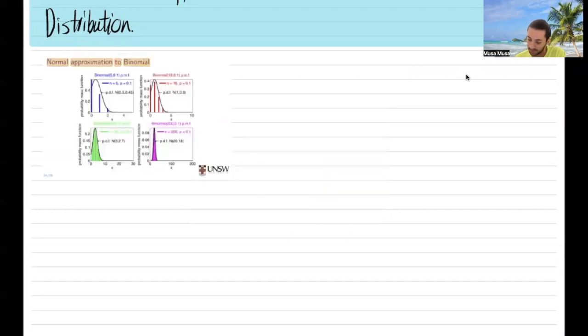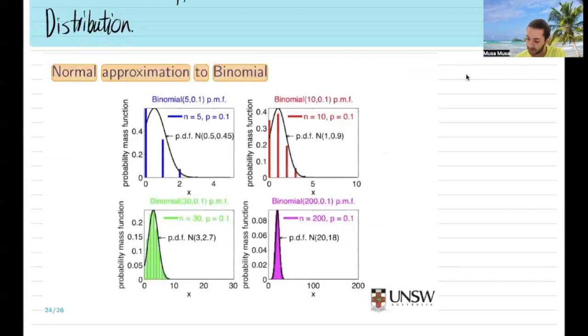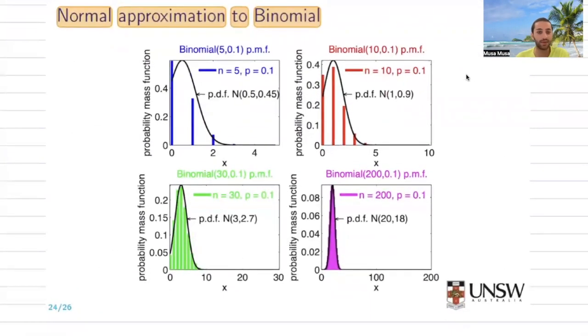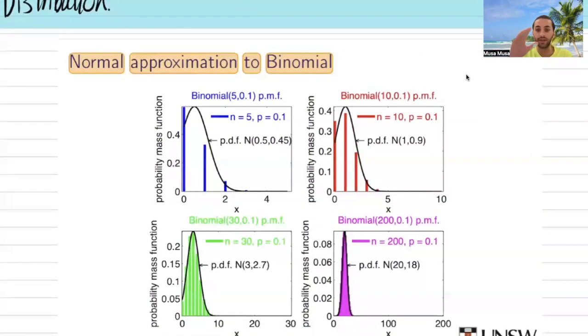So this here is a screenshot of one of my lecture slides. I really didn't want to recreate these diagrams myself, so I'm just going to take their slides instead. They've created these little histograms or bar graphs that represent the probabilities of landing on particular values for different binomial distributions.